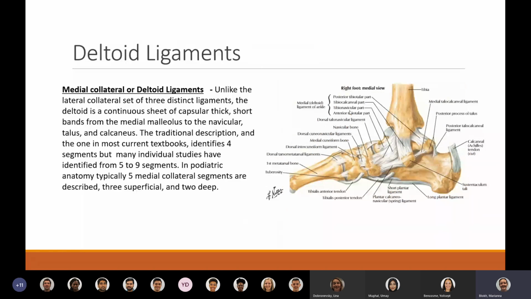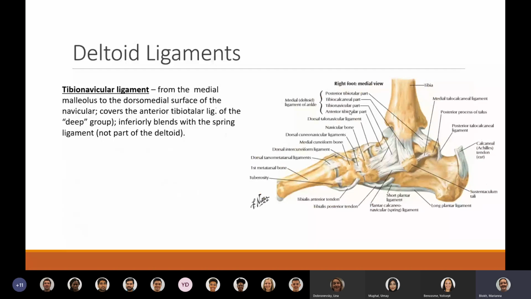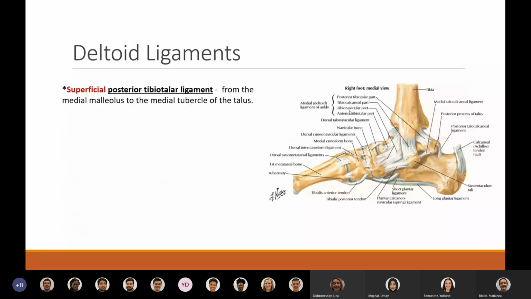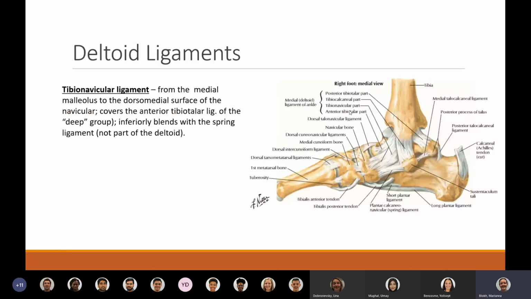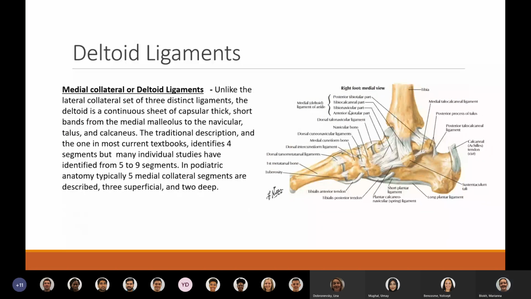All right, deltoid ligaments, medial collateral ligaments. Basically you have your superficial group and your deep group. You could read about those. Various textbooks divide it differently.